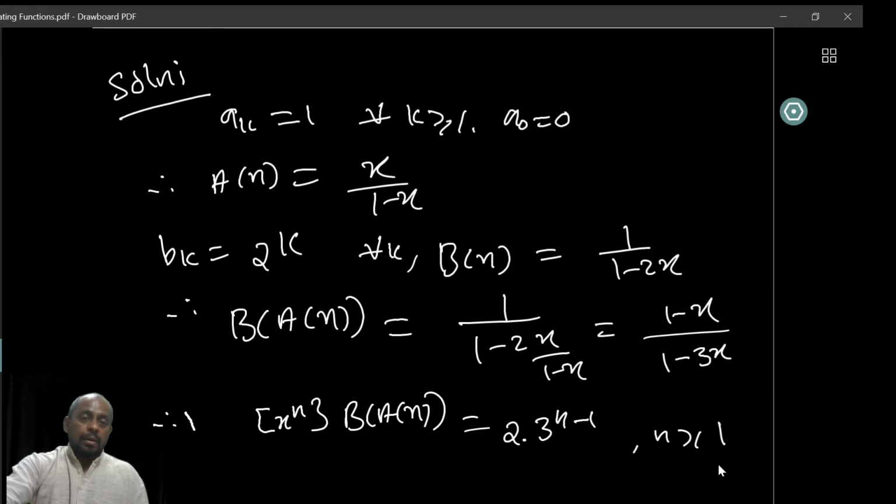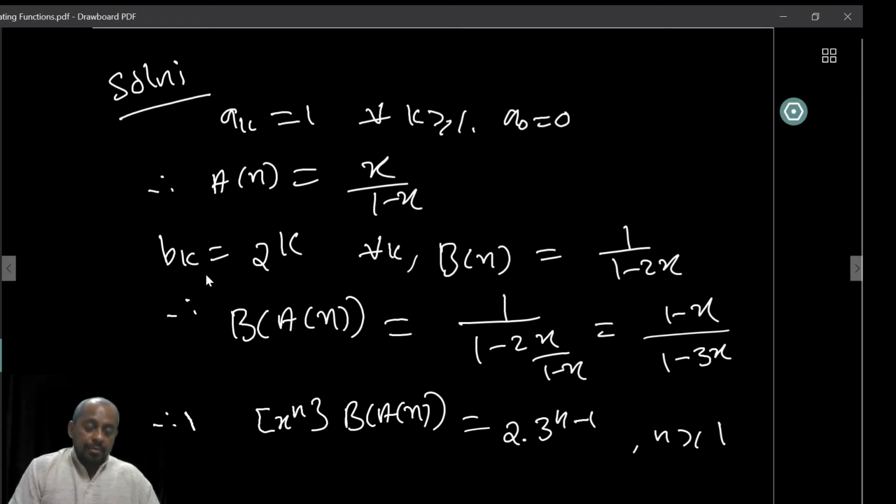Now, A of x, you can see, is basically x by 1 minus x, because a0 is 0, so I am shifting by degree 1. I multiply with x, so I get A of x equal to x by 1 minus x, from the geometric series.